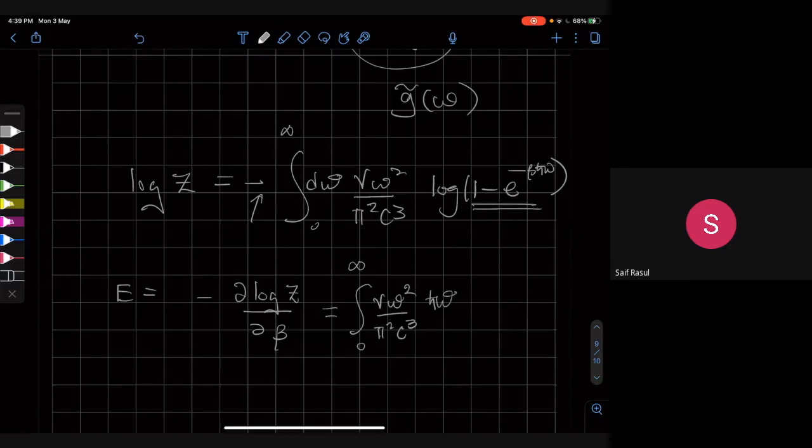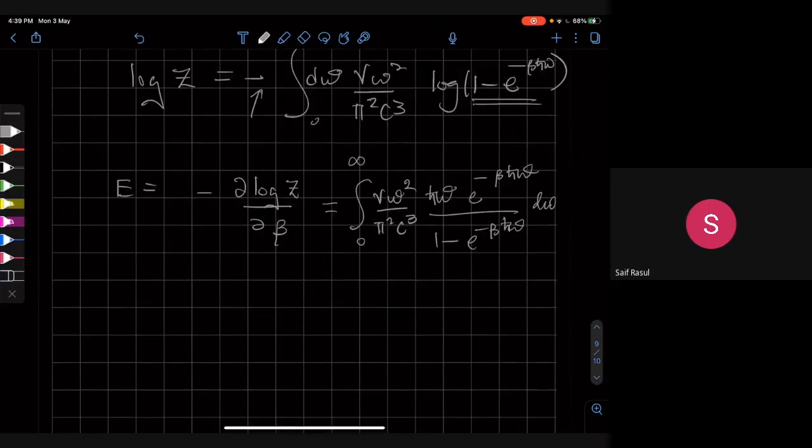This is coming from taking the derivative with respect to beta of this guy, and then we have something in the denominator, and then we have d of omega, and we can simplify this.